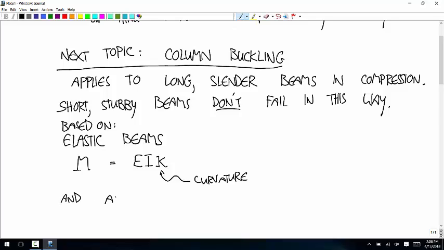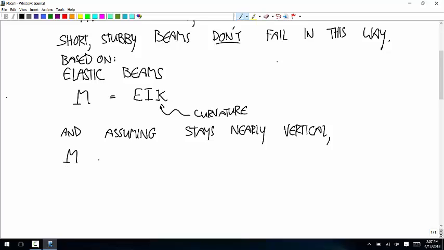And assuming that the beam at no point gets too far from vertical, we can write this as: the bending moment at any point is equal to E I times the second derivative of the deflection. Okay, so that's what this is going to be based on.